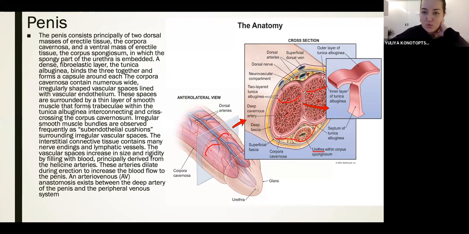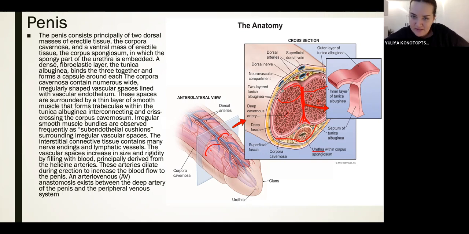But between the two corpora cavernosa, there is an invagination of the tunica albuginea here. And this is known as the medial septum. So there is a bit of invagination of the tunica albuginea between the two corpora cavernosa. And this is known as the medial septum.